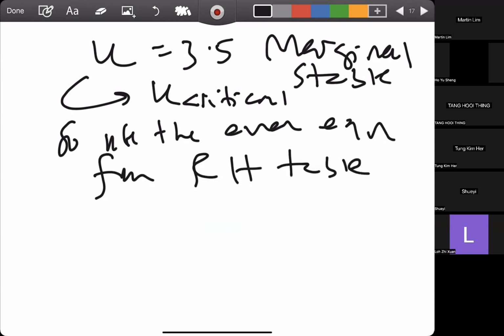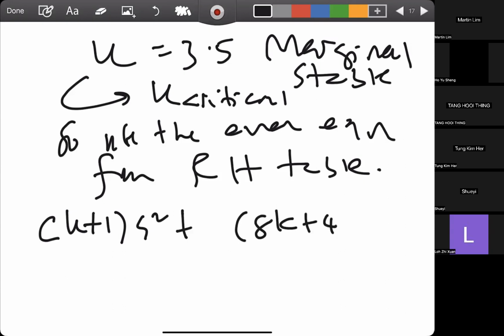What is the even equation from the Routh table?